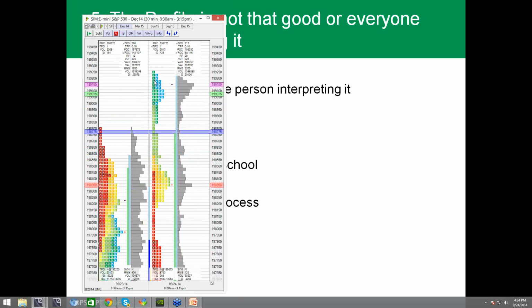The value area is a longer time frame than some of the moves you're going to be looking at. If we're trading value, we're trading a longer context, I would say.